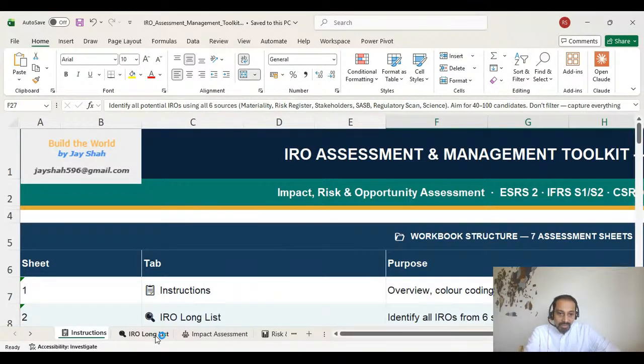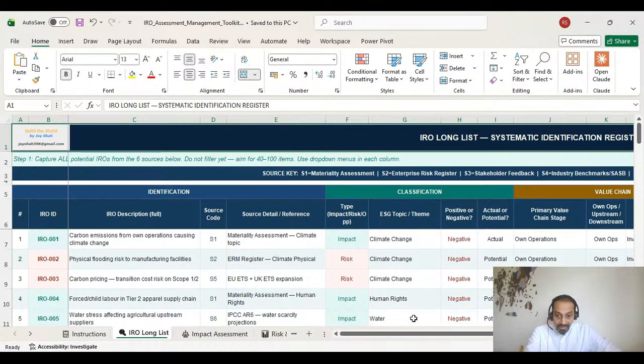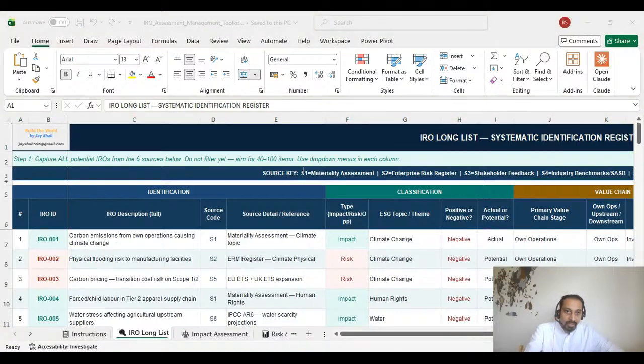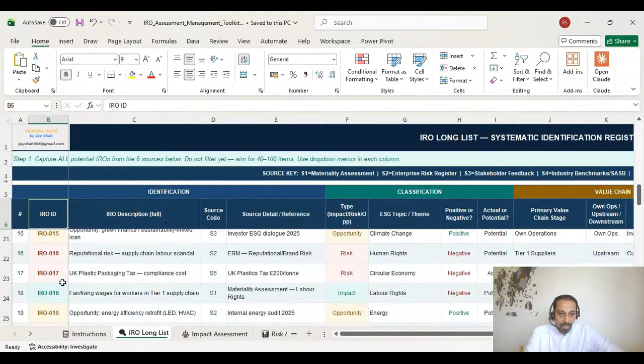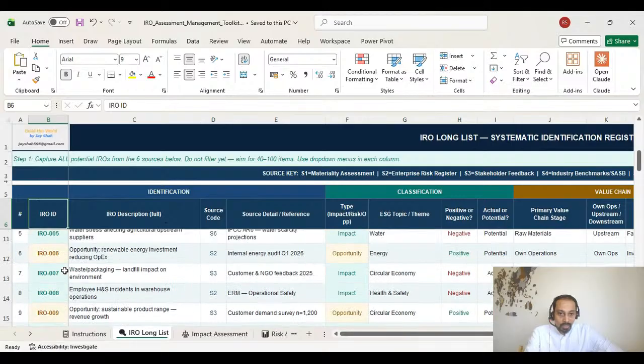The second sheet is the IRO long list. In the second sheet, you can see 25 preloaded sample IROs, IRO 001 to IRO 025, across all ESG topics with source tracking from S1 to S6 and full classifications that can be dropped down, plus initial screening columns. You can see the IRO descriptions and IRO IDs from 1 to 25.